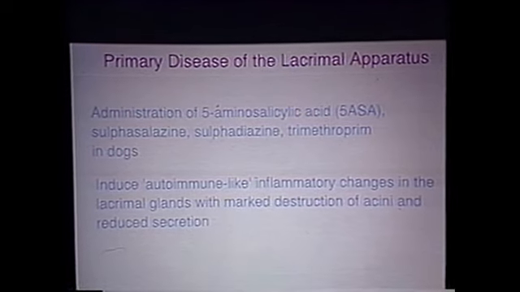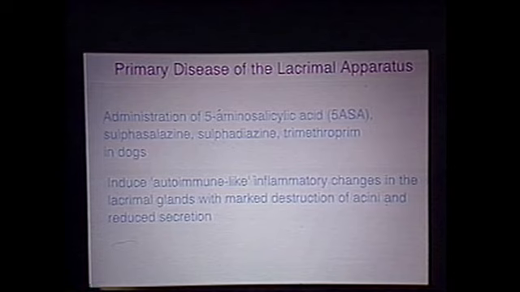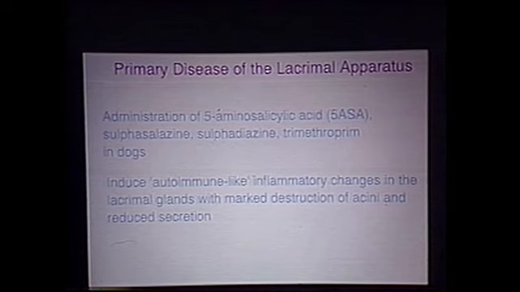In the case of primary disease of the lacrimal apparatus, an example of that is administration of 5-amino-salicylic acid, or 5-ASA. But a number of sulfur drugs can also produce these abnormalities of the lacrimal apparatus, as can trimethoprim. And these changes have been described in the literature mainly in dogs.